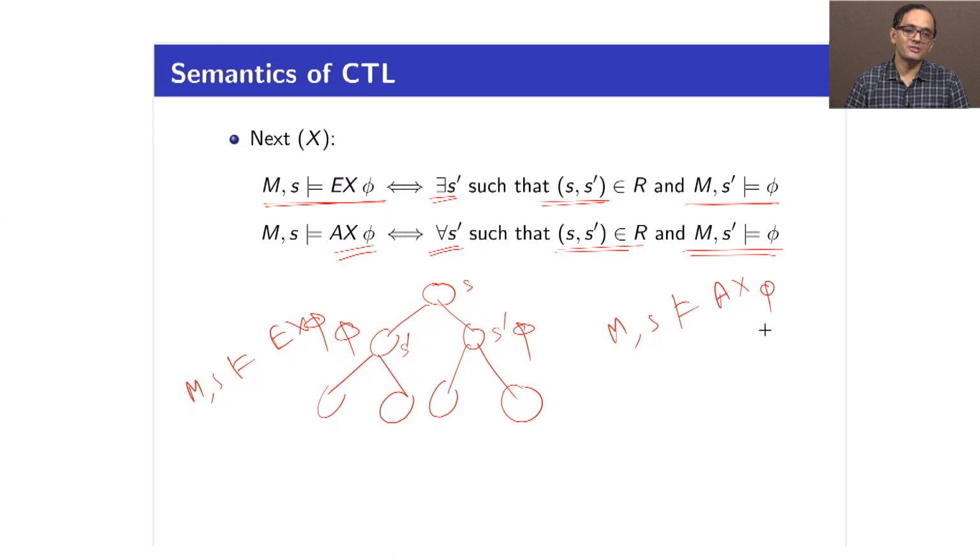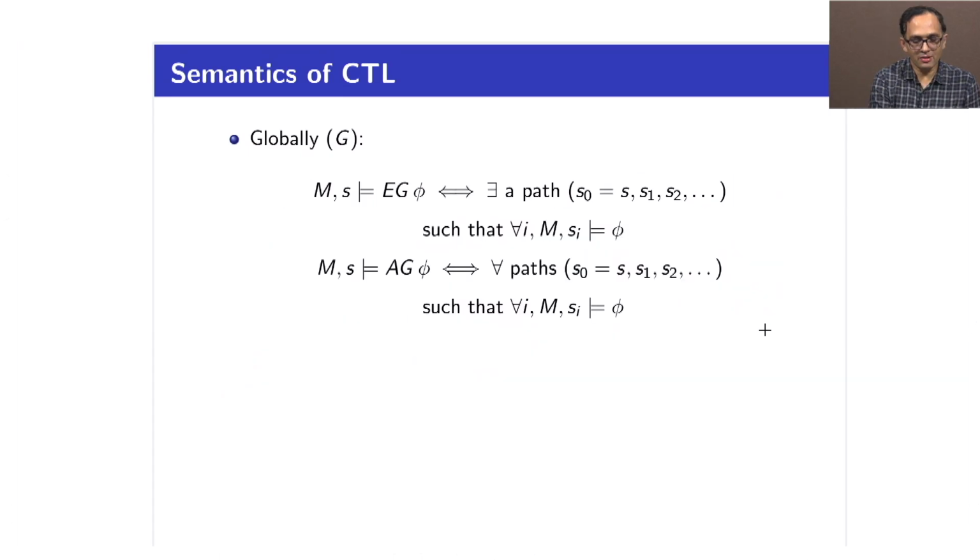If you attended my previous class, it is very easy to understand, right. Similarly, EG phi is basically saying there exists a path of the form S0, S1, S2 and so on. In this path, for all i, phi is satisfied, so M, Si satisfies phi, which is something like this, right.